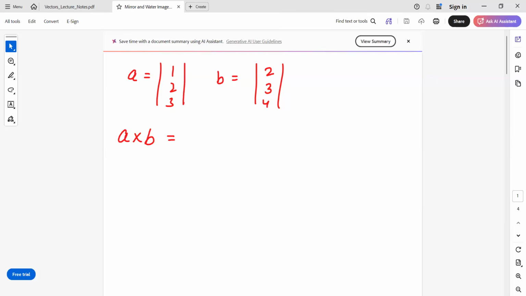So minus 4 by root 14 into root 29. Root 14 into root 29, sir.